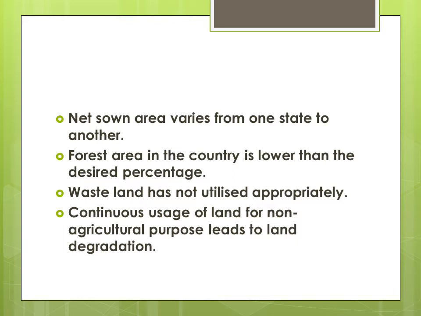Wasteland has not been utilized properly. Wasteland is land that is not fit for agriculture, and these areas are not utilized for any other purpose either. Continuous usage of land for non-agricultural purposes leads to land degradation.